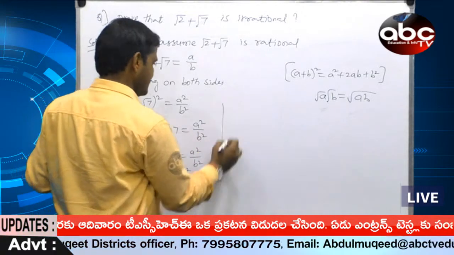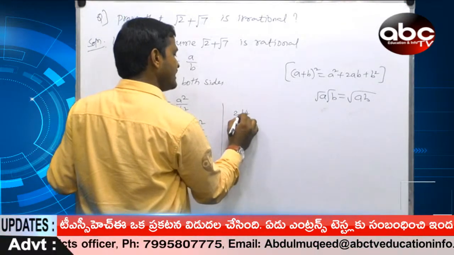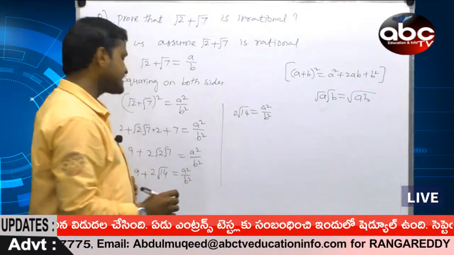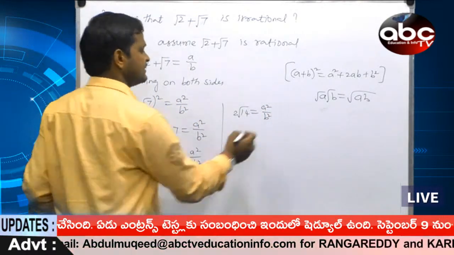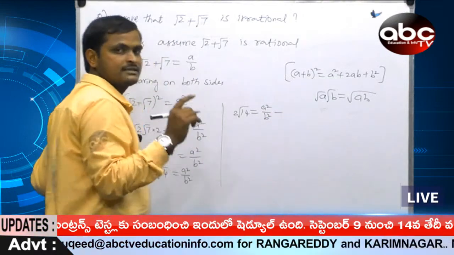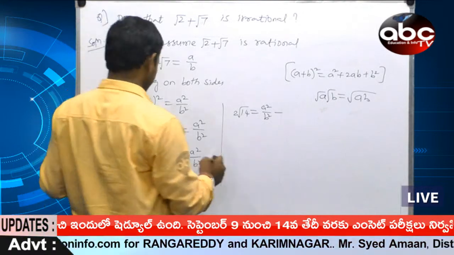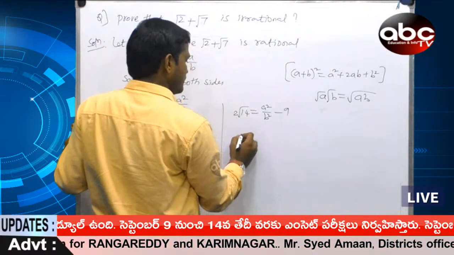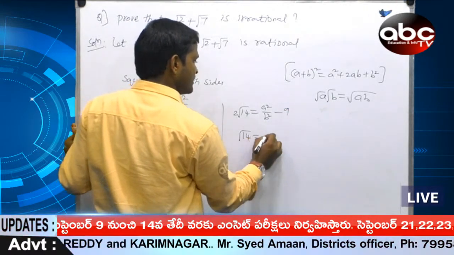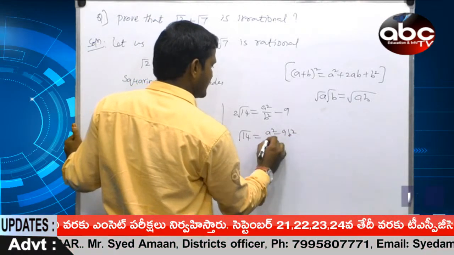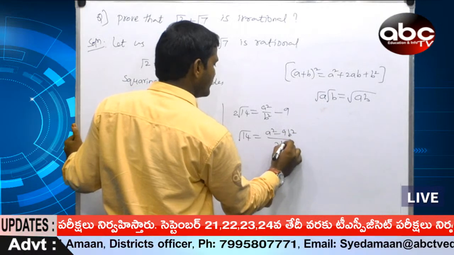From here 2 root 14 is equal to a square by b square, then plus 9 becomes minus 9. When we transpose LHS to RHS, sign will be changed. 2 root 14 is equal to a square minus 9b square divided by b square.